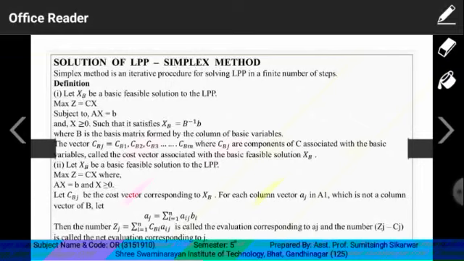Now let us assume the vector CBj, which equals CB1, CB2, up to CBm, where CBj are the components of C associated with the basic variables, which is called a cost vector, which is associated with a feasible solution XB.